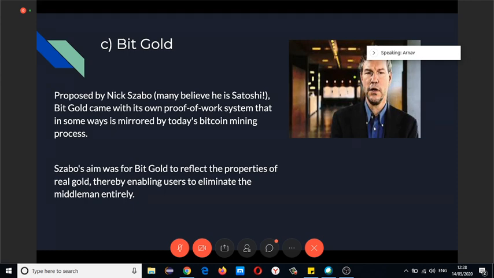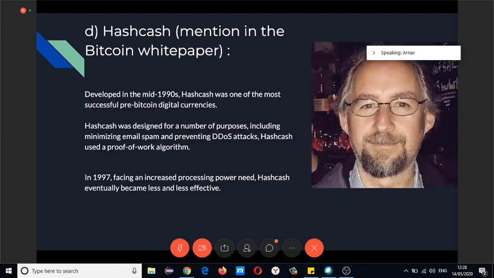And actually most of you know about smart contracts. Nick Szabo was the person who invented the concept of smart contracts. So he has various contributions in the blockchain and crypto industry.